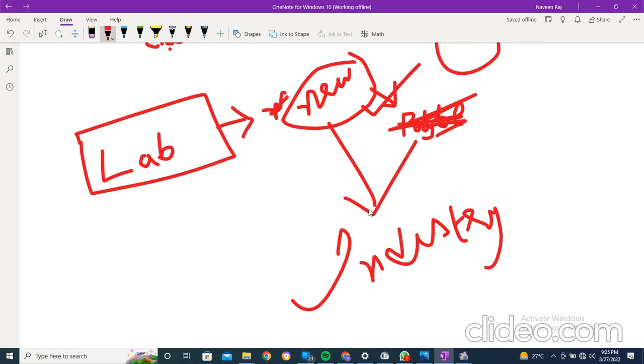Chemistry starts in the lab, then we make something new, and that is taken to the industrial level, and that is how the world is modernizing, right?